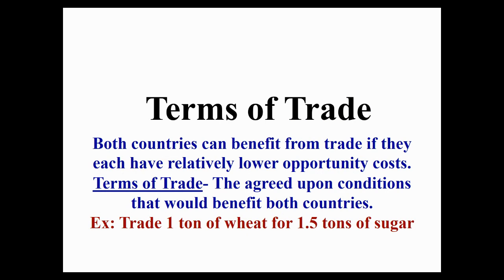Both countries can benefit from trade if they each have relatively lower opportunity costs, and the terms of trade benefit them both. For example, we looked at that one with the United States and Brazil, and that was 1 ton of wheat for 1.5 tons of sugar. So a 1 to 1.5, one wheat to 1.5 tons of sugar. So that would make them both better off.